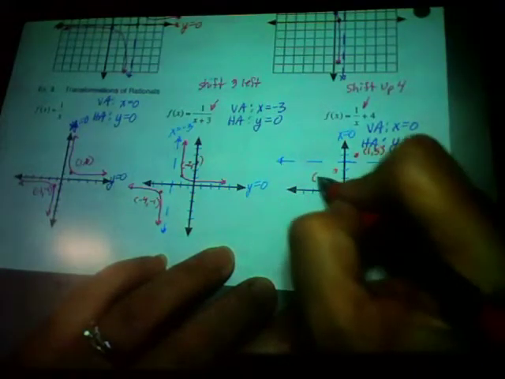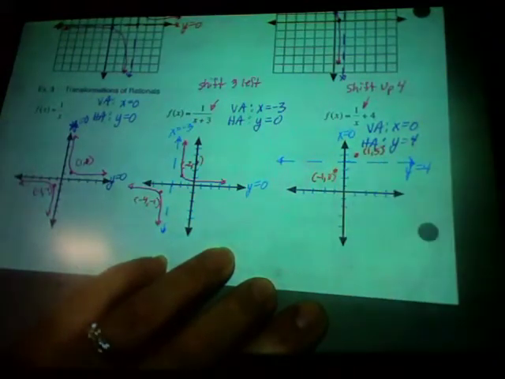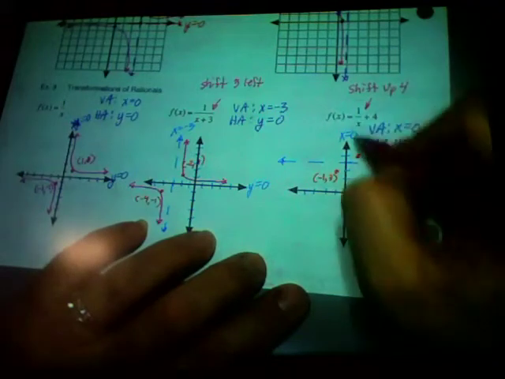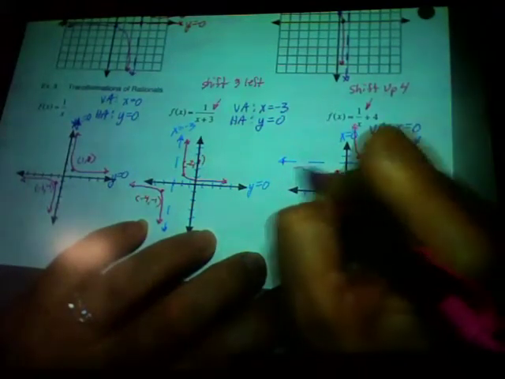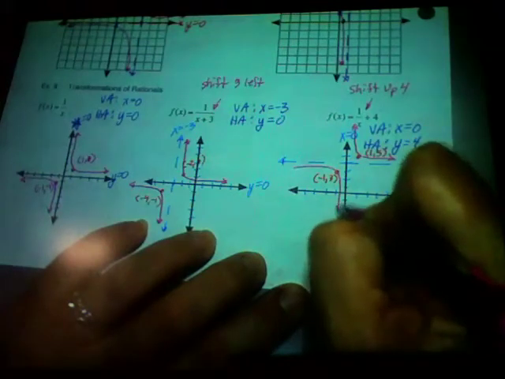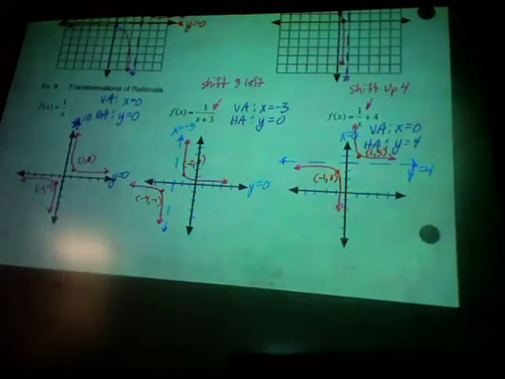So that point is at negative 1, 3. So then your graph looks like this. And this one actually has a y intercept, right? Okay. All right, so that should finish out your notes. You only have 3 problems.